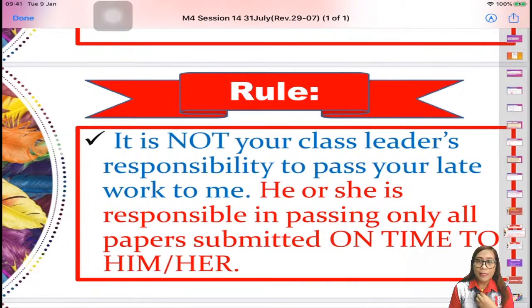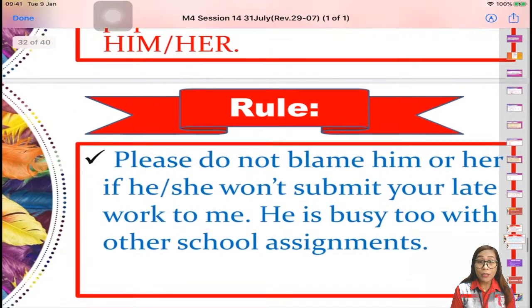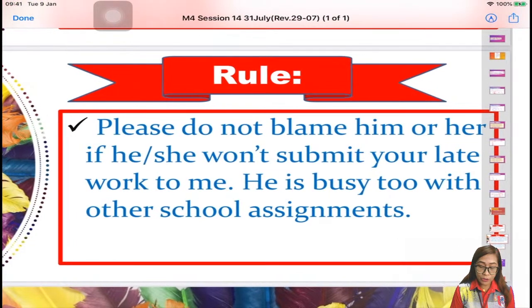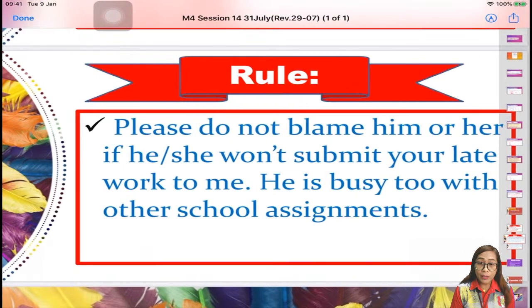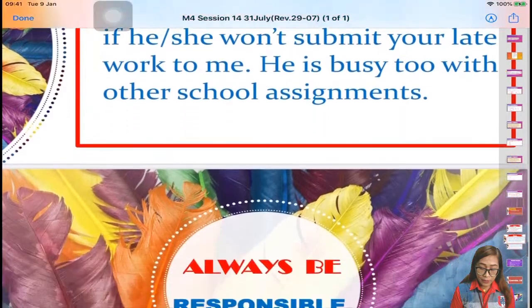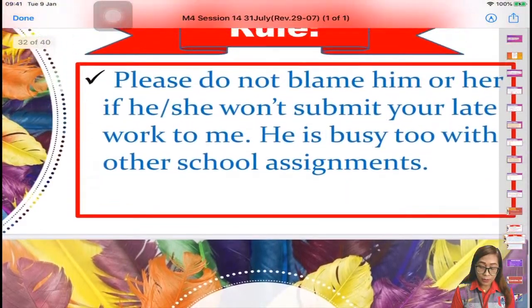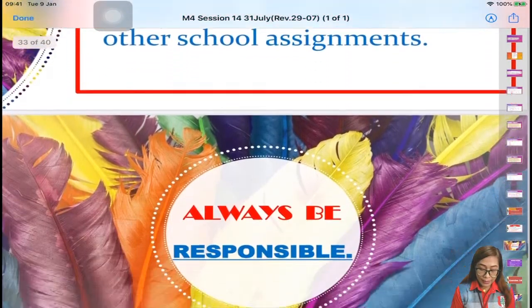Do not tell your classmate who is the leader to submit your late work. He or she will only submit the work which is not late. Please do not blame your class leader if he or she won't submit your late work to me. He or she is also busy with other school assignments.